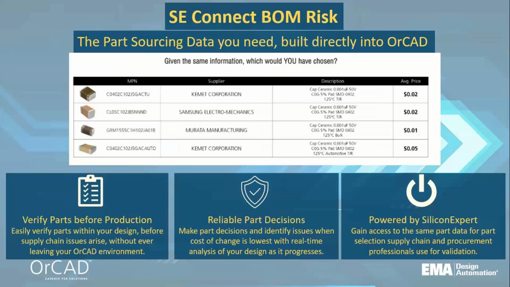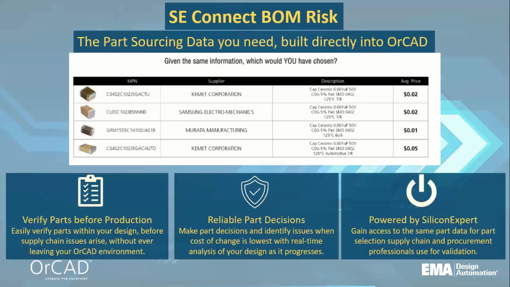So it's going to go in there. It's going to verify the parts that you're going to use for production. You're going to be able to make part decisions and identify issues that you might have for cost or availability online. And because it's powered by Silicon Expert, you're going to gain access to the same part data that the supply chains have and the professionals that use it. So this is really important when you're not only picking the parts for your design, but you want to make sure that they're going to be available when you finally go into manufacturing.